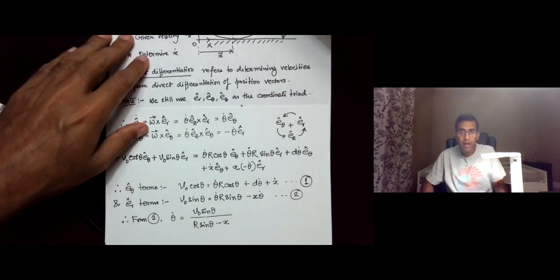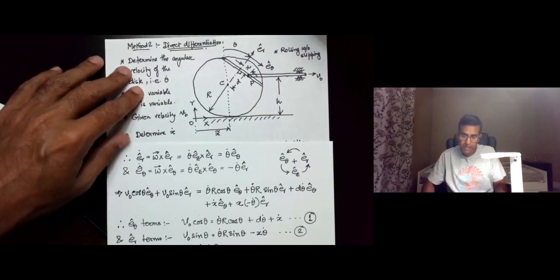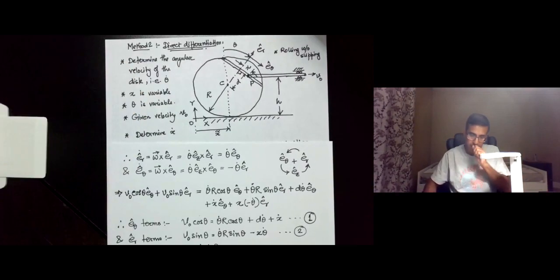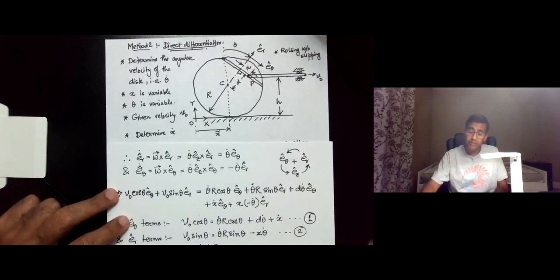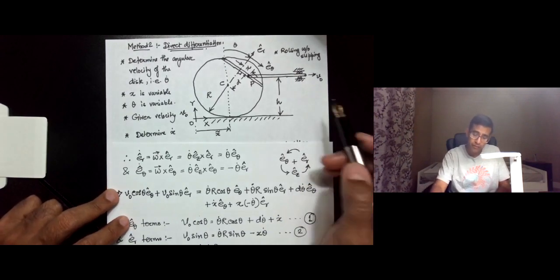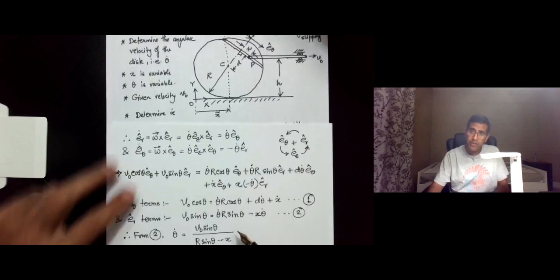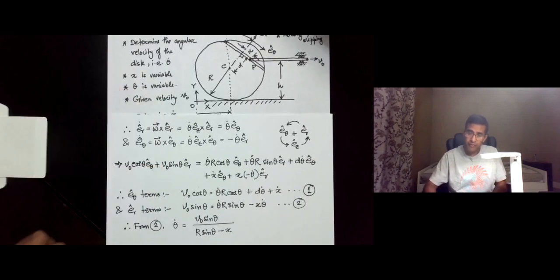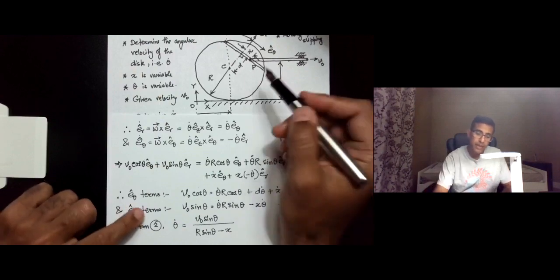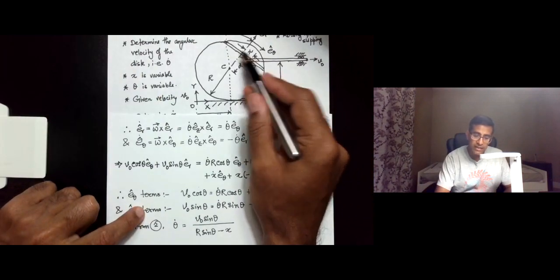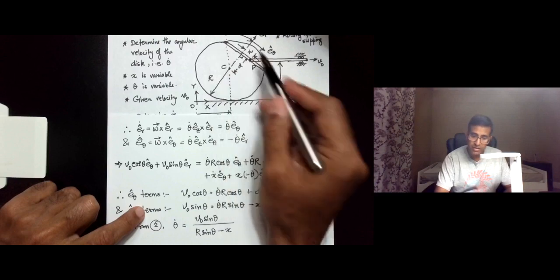However, there is one step still to go, and you have seen this step in the previous problem, or rather in the previous method that we used to solve. We have our expression for theta dot, but it uses the variable x, and we know that x and theta are connected because the disk is rolling.